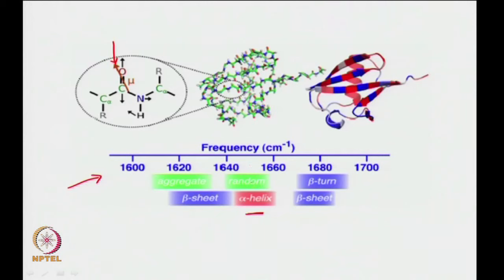Then you have the random coil, which is kind of in the same region. Then you have the beta turn, which is at 1680, beta sheet, and beta sheet. You can see beta sheet occurs at two places because it has two antiparallel beta sheet. When you are looking at aggregates, it has essentially two bands, one at about 1620, 1625 centimeter inverse, and the other one at about 1680.